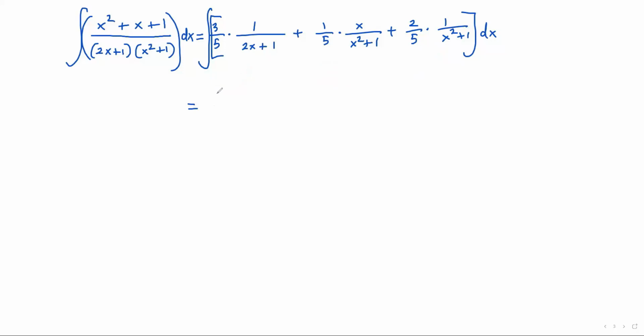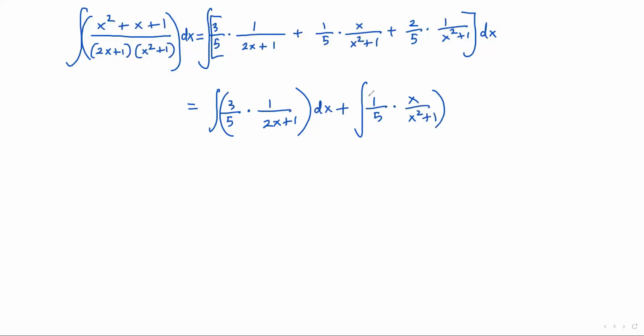So I'm getting the integral of 3 over 5 times 1 over (2x plus 1) dx, plus 1 over 5 times the integral of x over (x squared plus 1) dx, plus the integral of 2 over 5 times 1 over (x squared plus 1) dx. Okay, here in the first integration, this part contains a variable.